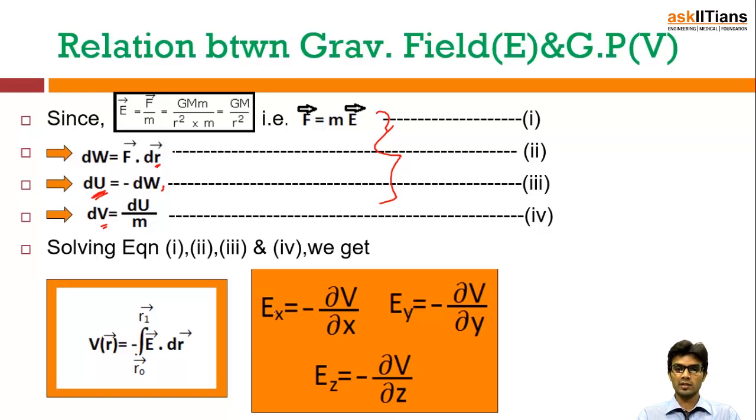This is the relation between E and V, and here we are finding gravitational field from gravitational potential.